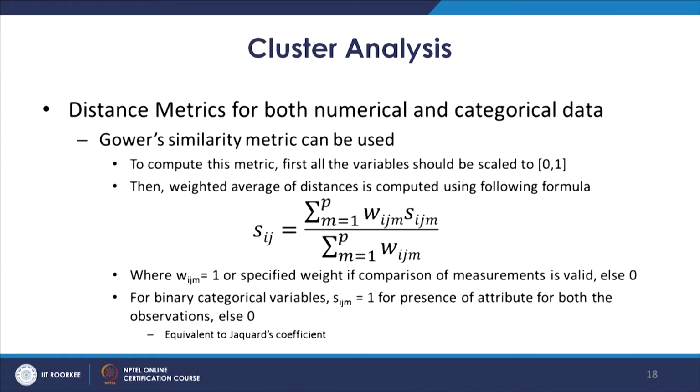First, let us understand Wijm, the weight part. Wijm is going to be 1 or a specified weight. If we are going for the equal weightage scenario, where we assign equal weightage to all the variables, then of course the typical value is going to be 1. Otherwise, if we have different weightage for different variables, then that specified weight value can be used.